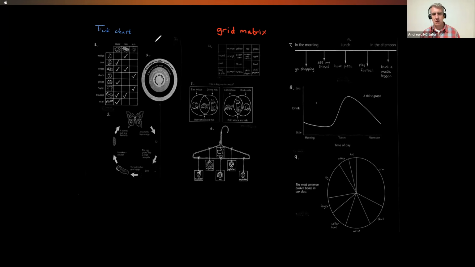How about number 2? Could be the bullseye chart. Right, yeah, because it's like an eye of a bull, isn't it? Often using targets if you go shooting or firing arrows. Yeah, it's bullseye chart.